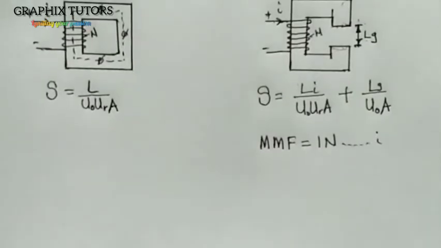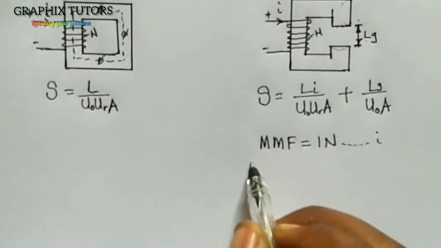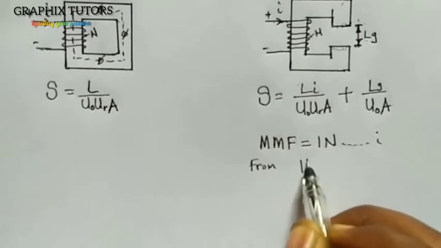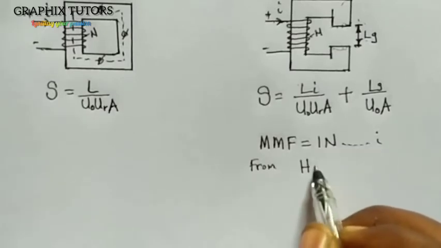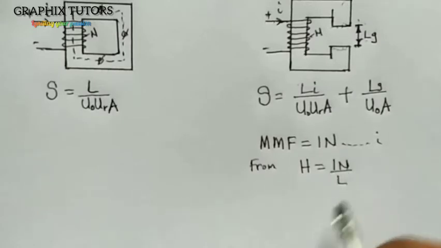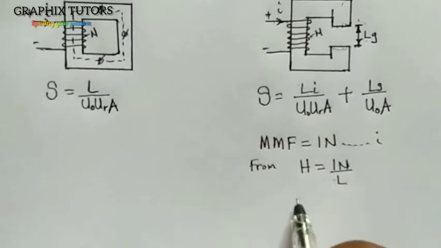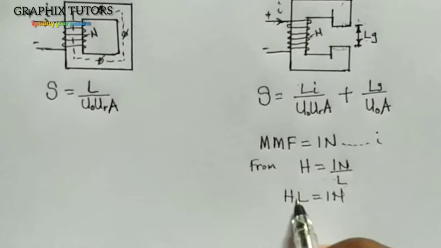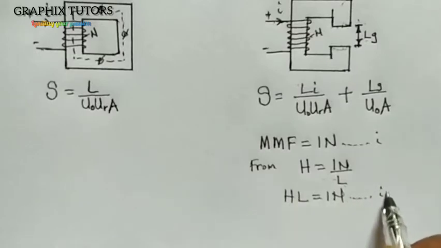And also we know that magnetic field strength H equals IN over L. If I make IN the subject of the formula, multiplying, we'll have HL equals IN. So anywhere I see IN, I'll put HL. Let me call this equation 2.